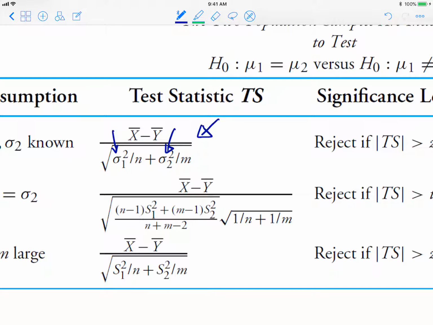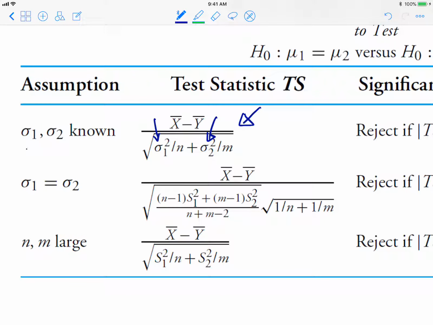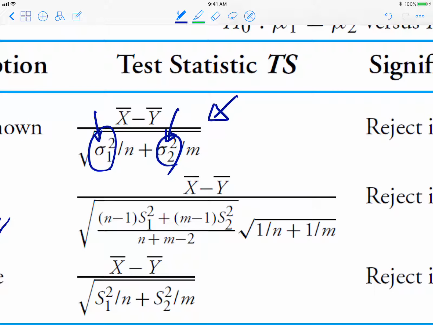In the case where they are unknown but assumed to be the same, these two will be the same, and the denominator will be equal to this, right?